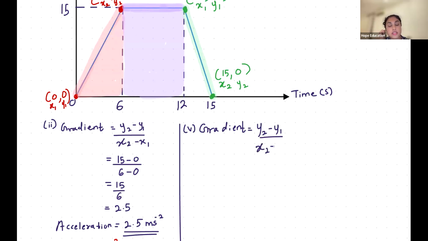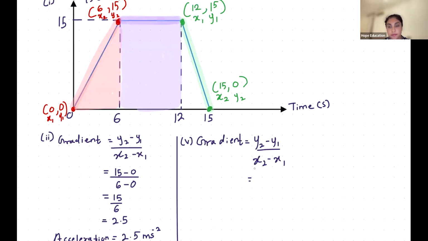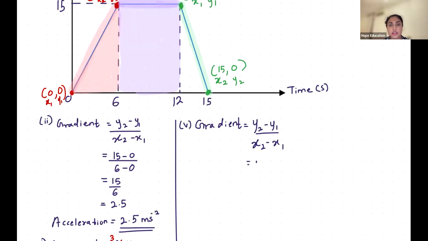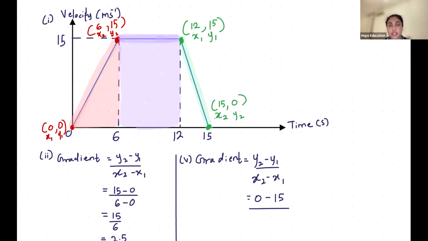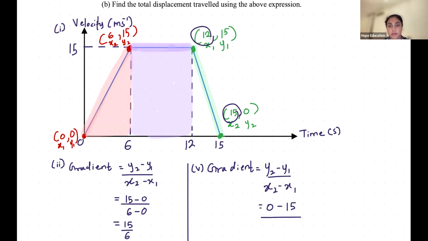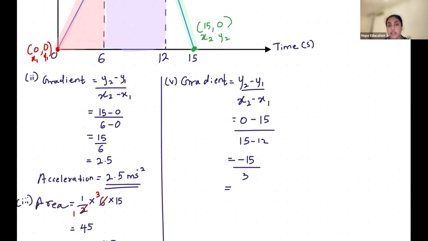So y2 is 0, y1 is 15, x2 is 15, x1 is 12. So 0 minus 15 is minus 15. 15 minus 12 is 3. So minus 15 divided by 3, we get minus 5, right?